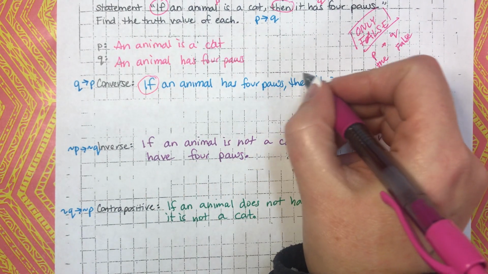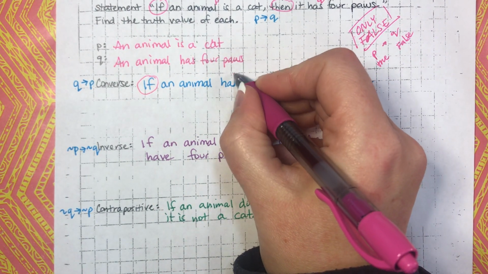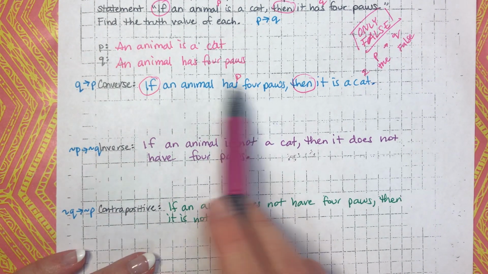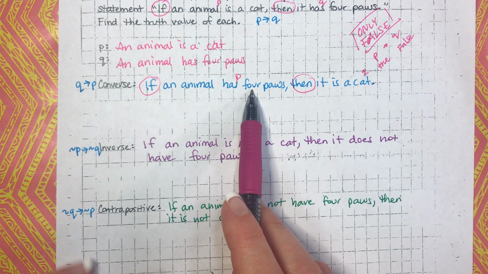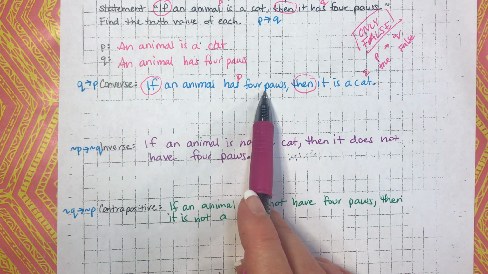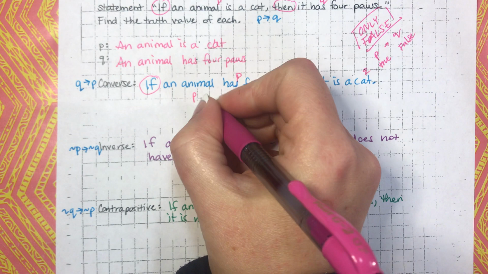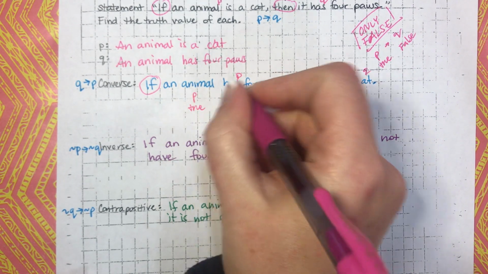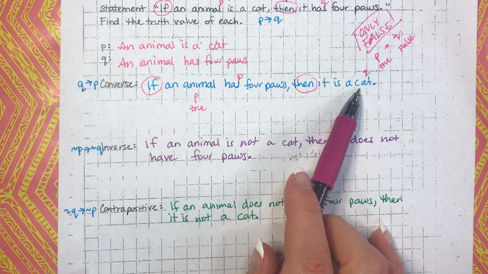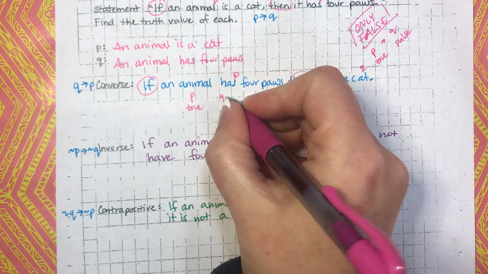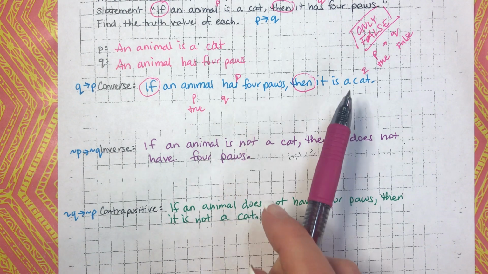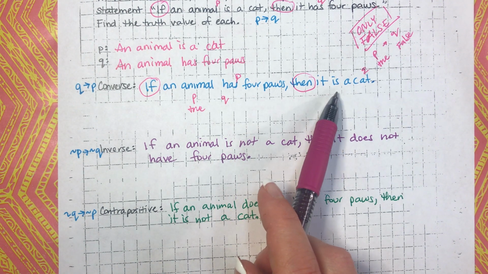So we find those keywords if and then, and that means this is our P and this is our Q. It says an animal has 4 paws. Let's say that that is true. We have an animal that has 4 paws, then it is a cat. Well, if an animal has 4 paws, it can be a cat, but is there a counterexample showing it could be something else?